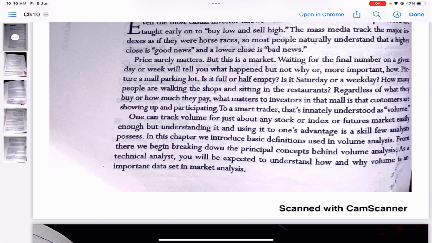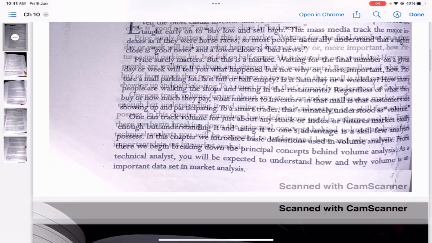That is something which we'll see. Now when you confirm with volume on a breakout, you will not fall into the trap of false breakouts, right? So you will be able to trade only those breakouts where the volume is also considerably high. That is going to give you a double confirmation.